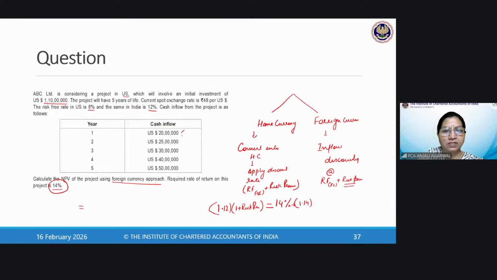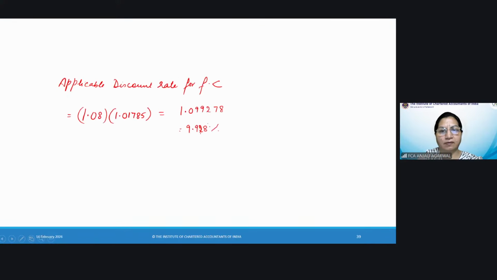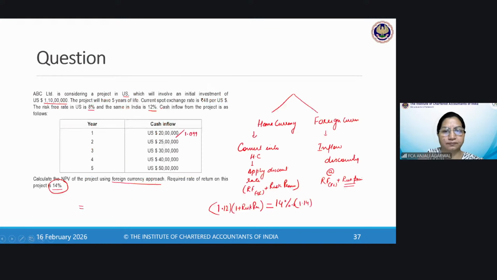You will discount all these cash flows using the rate 1.09928. The first year's flow will be divided by 1.09928, the second year's by 1.09928 square, the third by 1.09928 cube, then 1.09928 raised to the power 4, and 1.09928 raised to the power 5.